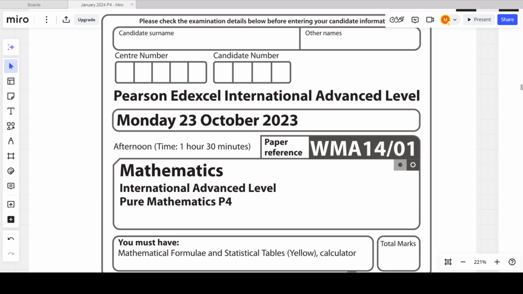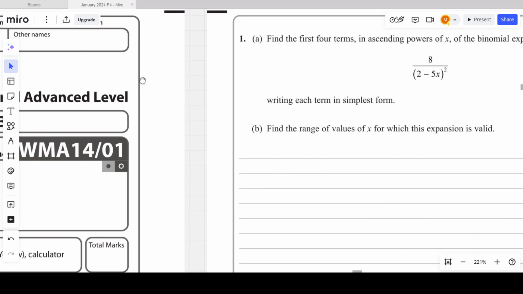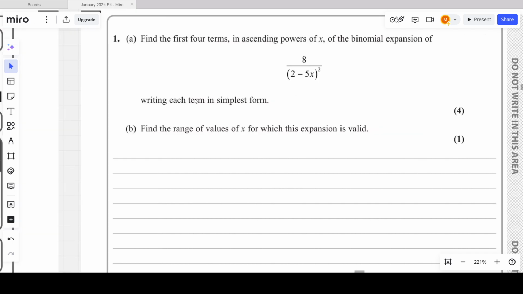In this video we will start the first question of the P4 October 2023 paper. So let's get started. The first question is from binomial expansion.